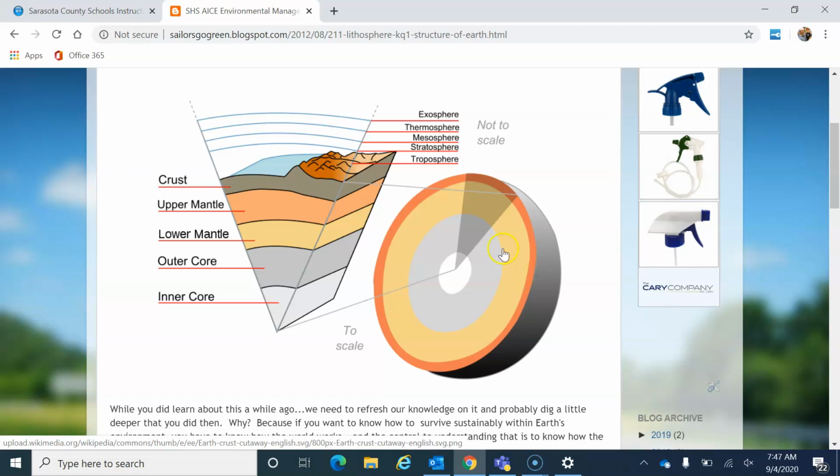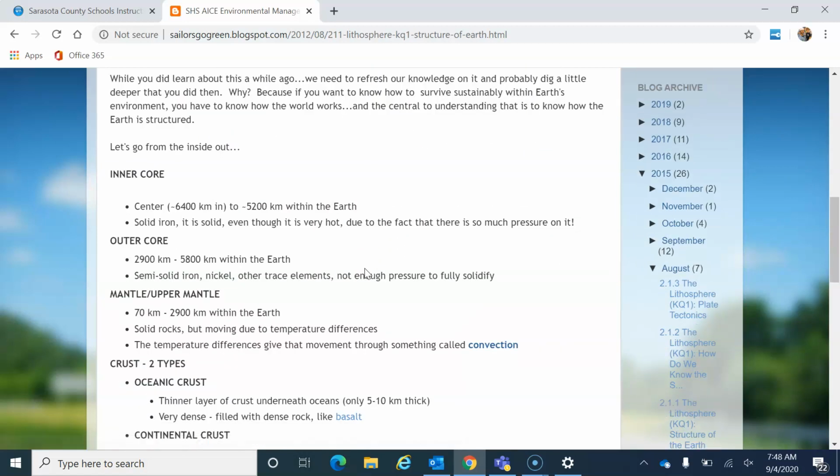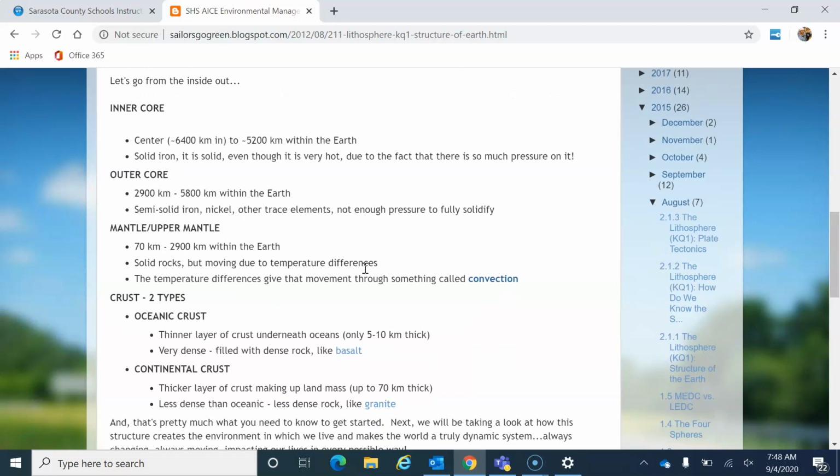And so you get actual movement of the mantle and the upper mantle. You get rotational movement within the Earth. And of course, the closer you get to the center, it's hotter than the outside. So these rocks actually will move around in cyclical patterns, which is pretty cool. And that causes what we're going to talk about a little bit later.